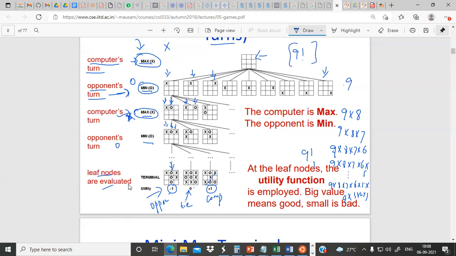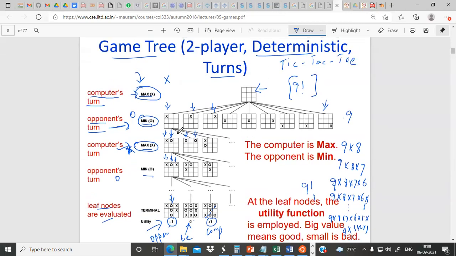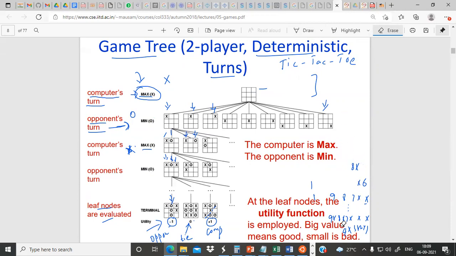If you have sufficient computing power, then you can explore all the 9 factorial states and make the best move even though the opponent is trying to minimize. That we call deterministic. But as the problem grows, the number of states increases and it becomes more and more complex. Even for tic-tac-toe, 9 factorial is a big number.